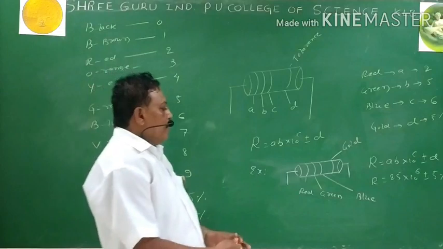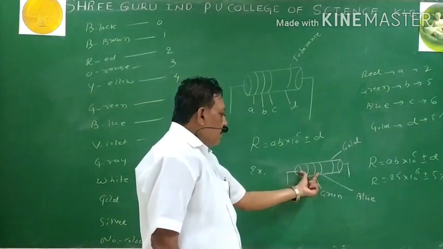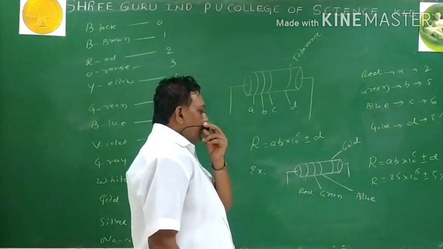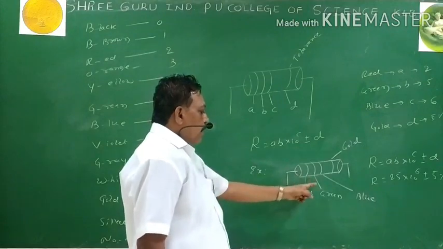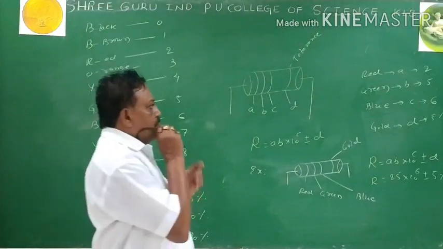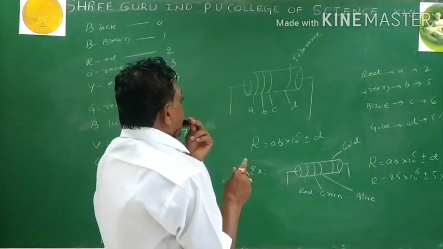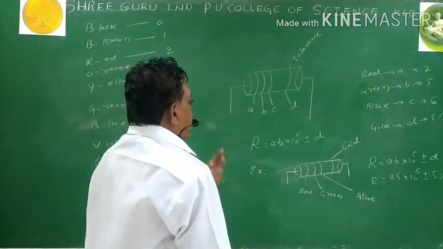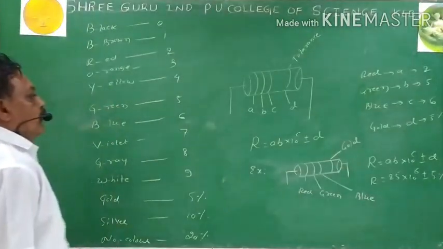Now I take the example. This is our carbon composition resistor. We have the color sequence on it: red, green, blue, and gold. Then what is the value for red? Red represents 2, green 5, blue 6, gold is 5%.